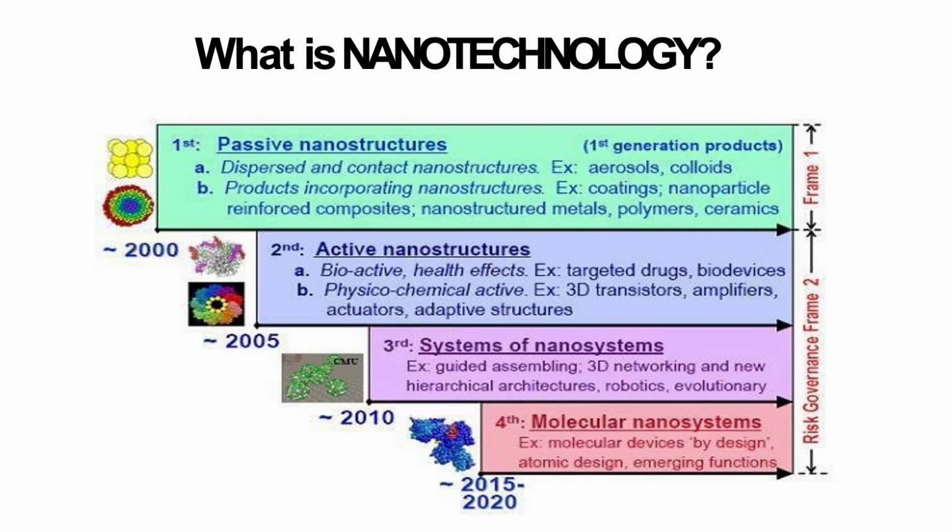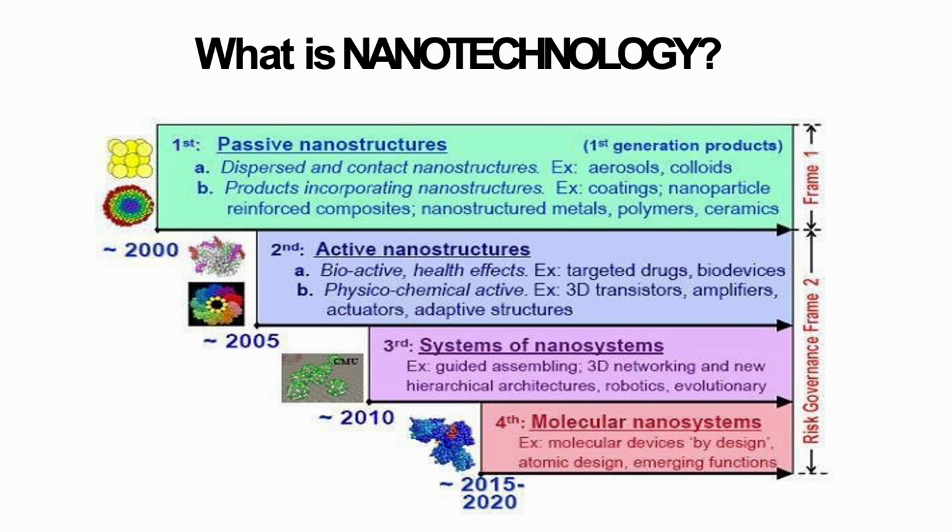Now, let's go over the nanotechnology. What is nanotechnology? So first, we can talk about the passive nanostructures. But don't forget that we also have active nanostructures, we have systems of nanosystems, and we have molecular nanosystems. So let's go over the evolution. On the left side, you can see the timelines.